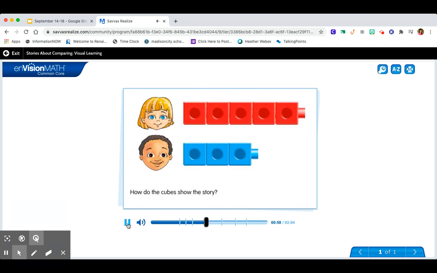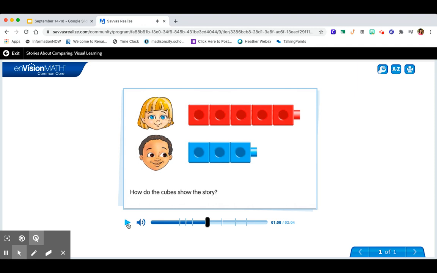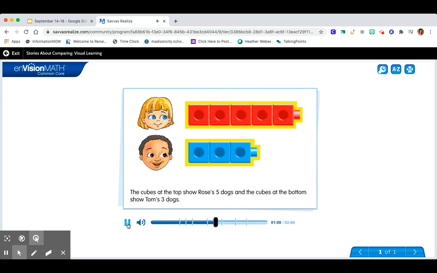How do the cubes show the story? Okay, so what are the cubes showing us? Let's think about that. What do they represent? The cubes at the top show Rose's 5 dogs, and the cubes at the bottom show Tom's 3 dogs. What could you do to find out how many more dogs Rose walks?